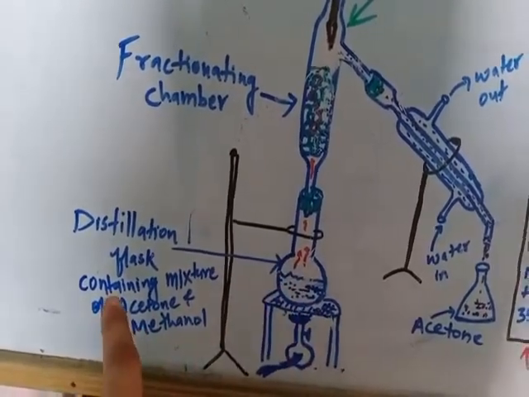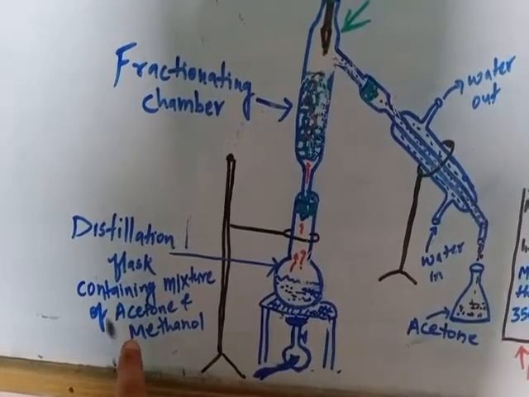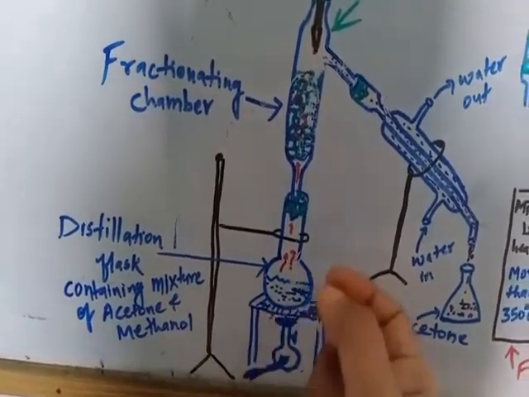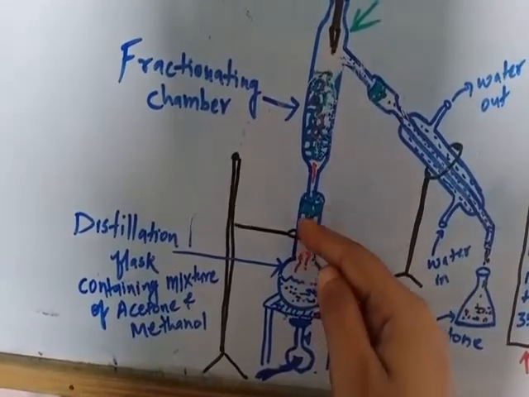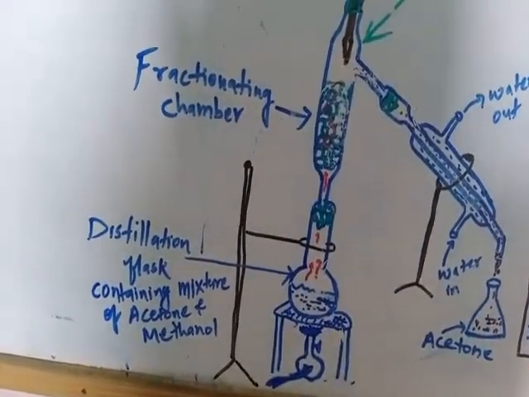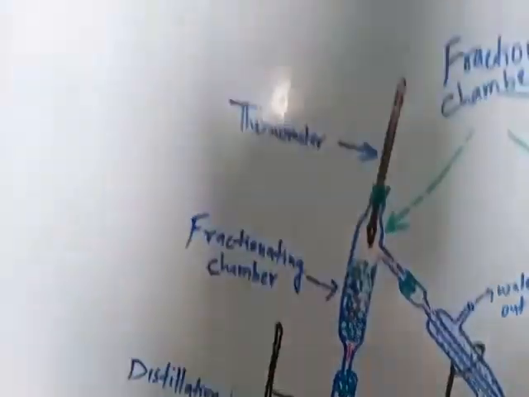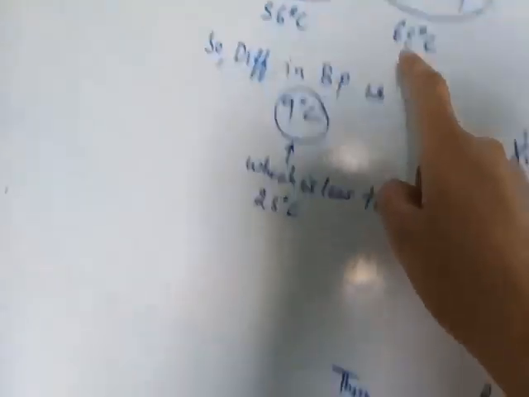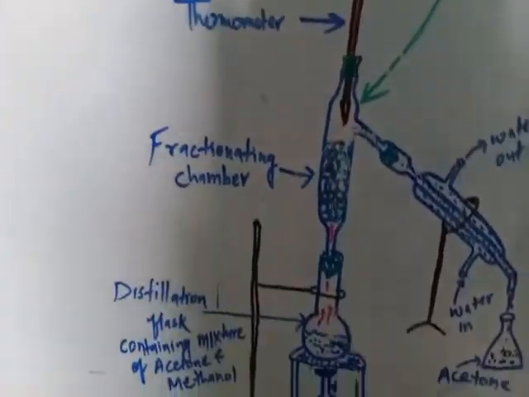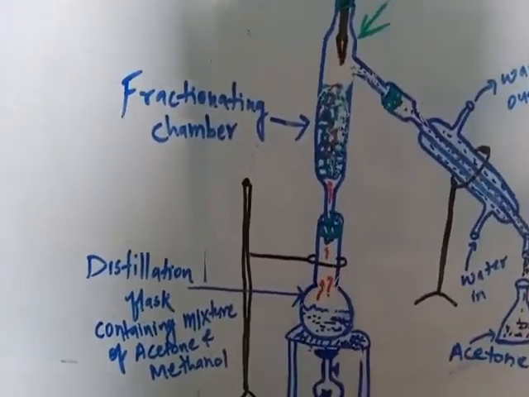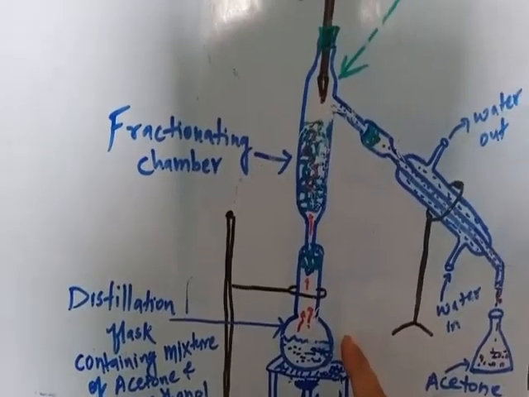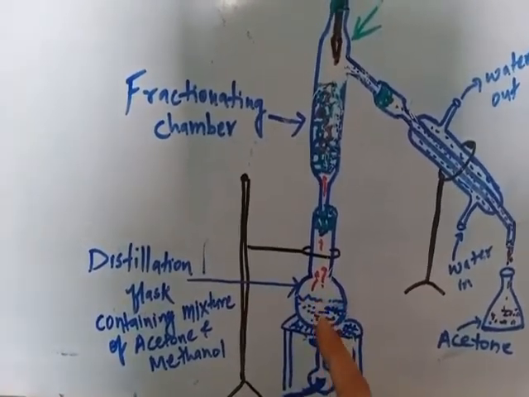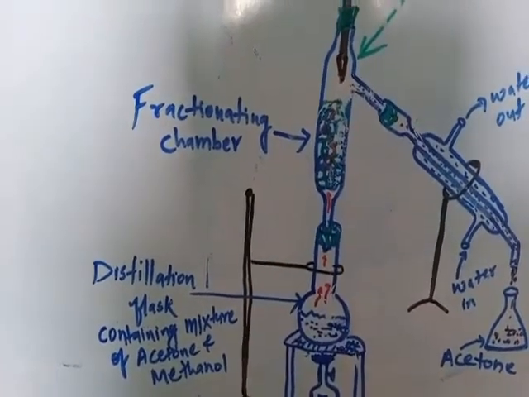you could expect both the acetone and methanol liquids start boiling and converting into vapor and rise upward, because both boiling points, 56 degrees and 65 degrees Celsius, they boil at those temperatures, and because the temperature here is 70 degrees Celsius, both the liquids start vaporizing and rising upward.